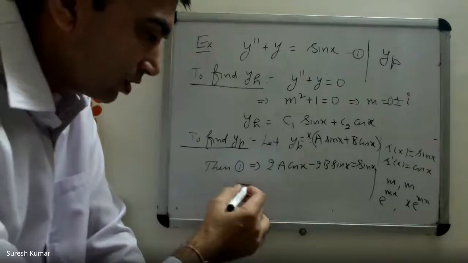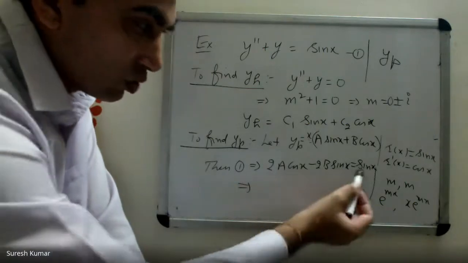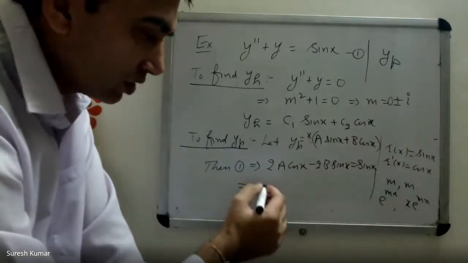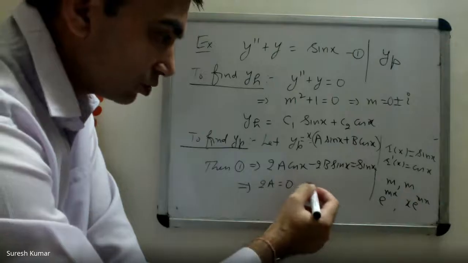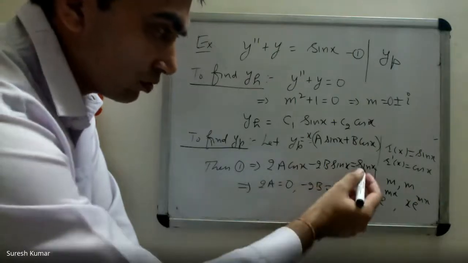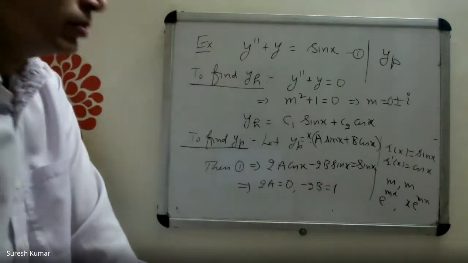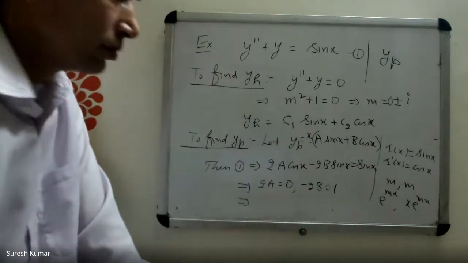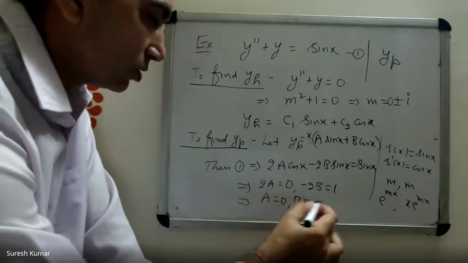Okay, if you are getting this, it should be easy because there is no cos x on the right side, so 2a should be 0 and minus 2b should be equal to 1. Coefficient of sin x is 1. From this you get a is 0 and b is minus 1 by 2.